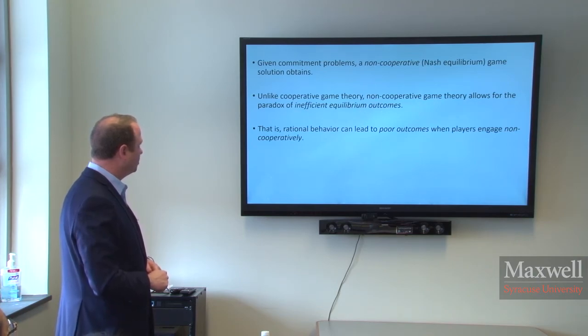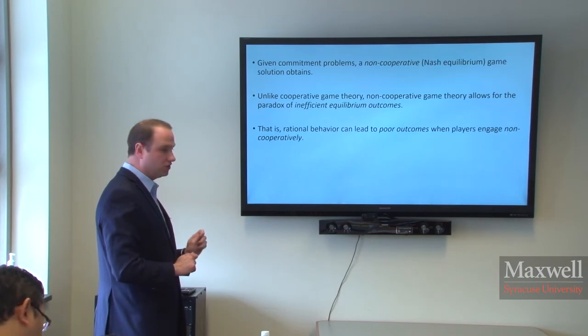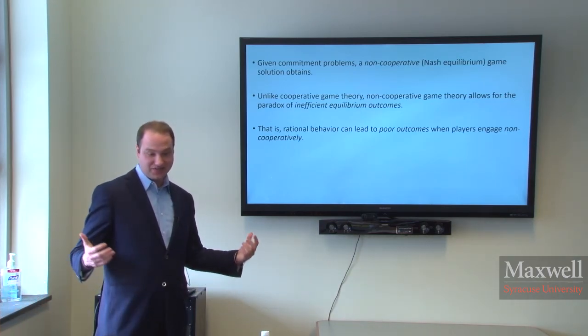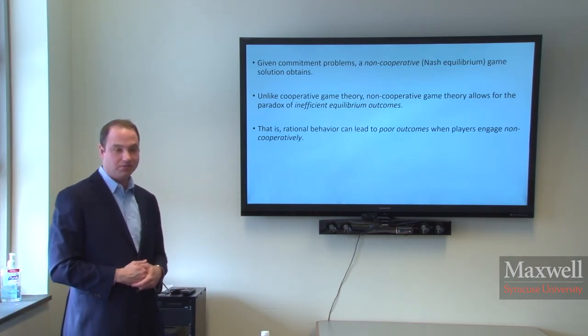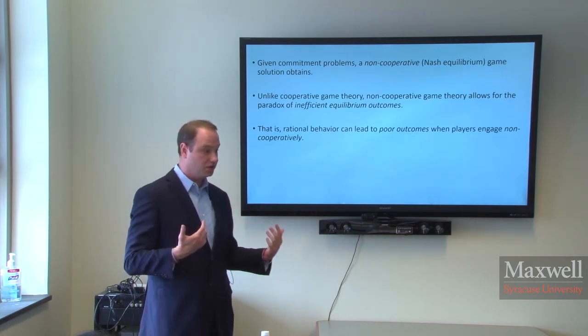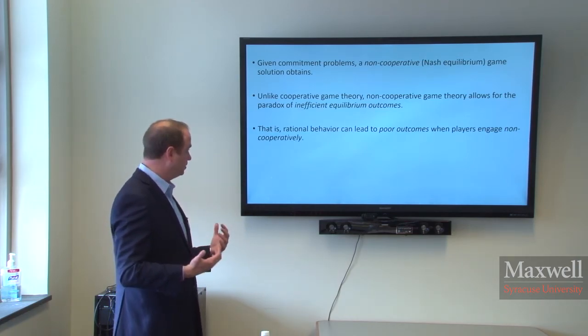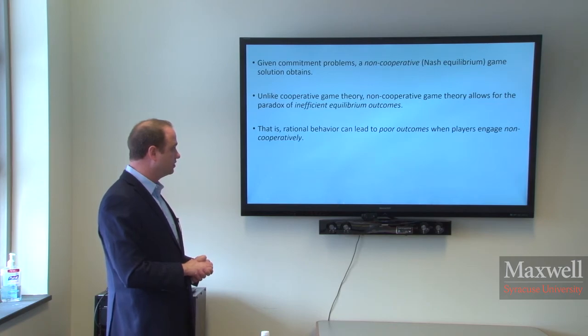Unlike cooperative game theory, non-cooperative game theory allows for the paradox of inefficient equilibrium outcomes. That's just a part of non-cooperative game theory. If you and I are independently making choices in a strategic setting, then we might get poor outcomes.